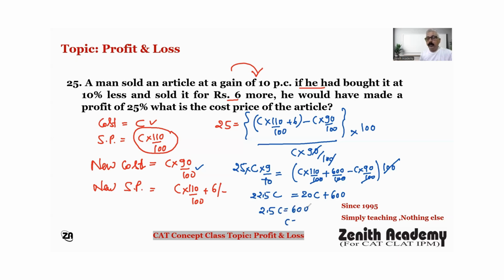So C is equal to 600 upon 2.5, decimal हटाया, ऊपर ये 10 आ गया, 6 into 25... 24 into 10 जा 240. So the cost will be 240. This is your answer.